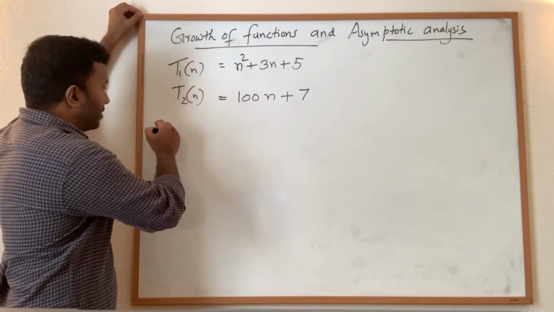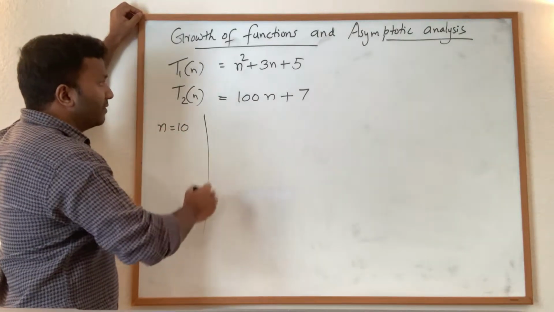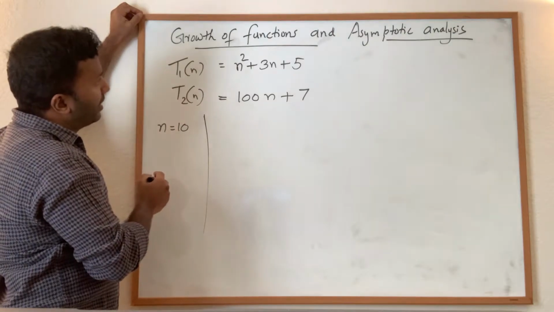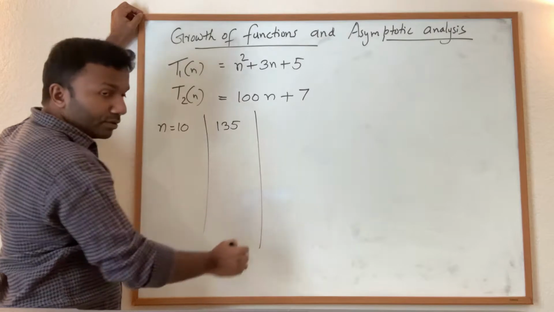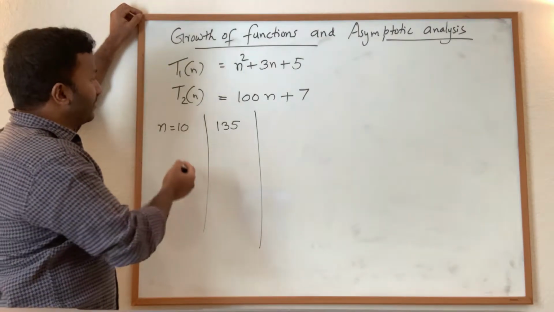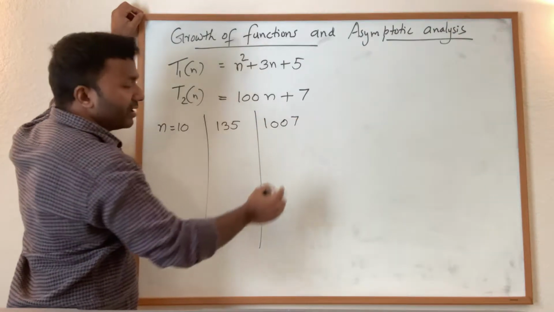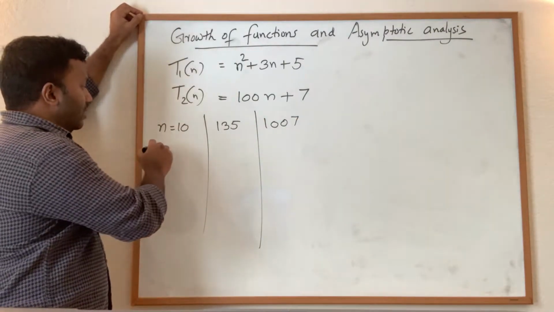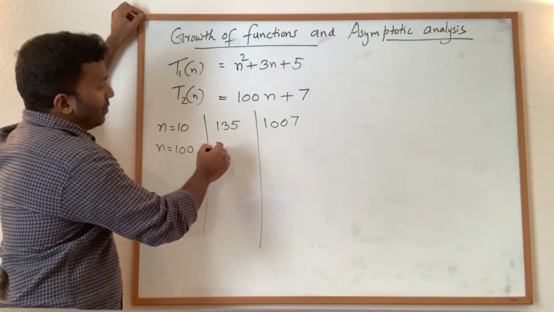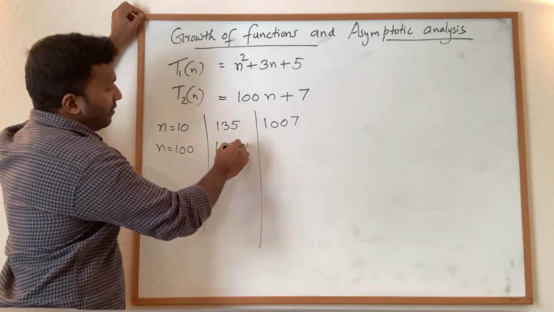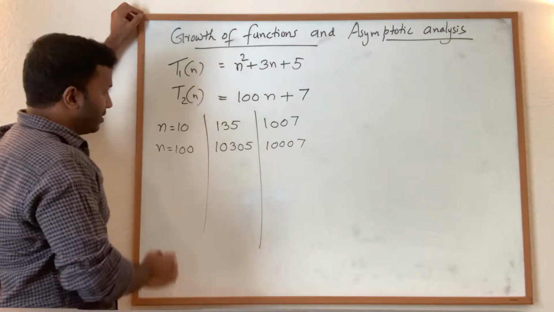For example, let's take n equal to 10, and the first algorithm will run in 135 units of time, or that many steps, and T2 will run in 1007 steps. When n is equal to 100, this is 10305, and the second one is 10007.